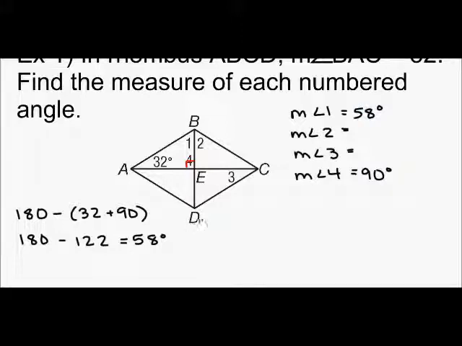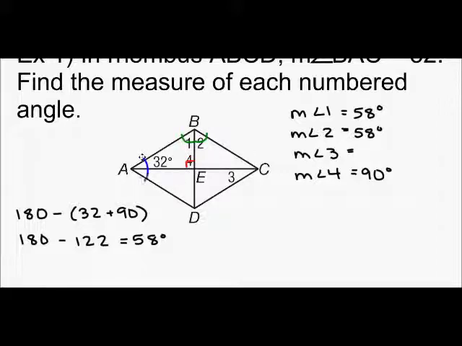Okay. Now we can find angle 2 quite easily. I know that the diagonals bisect the angles. So angle 1 and angle 2 are congruent, making angle 2 58 degrees. Now, measure of angle 3. Well, the opposite angles are equal.